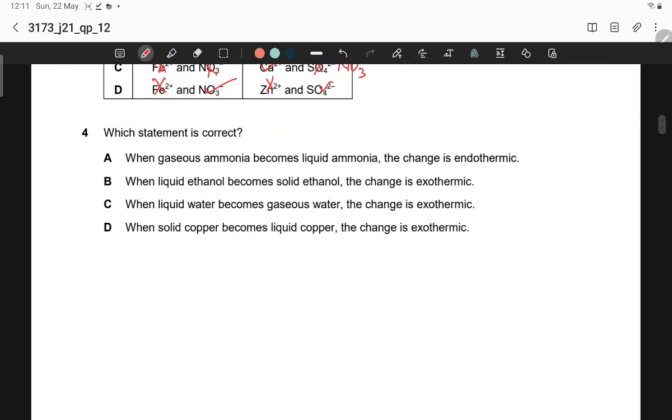Which statement is correct? When gaseous ammonia becomes liquid ammonia, the change is endothermic.